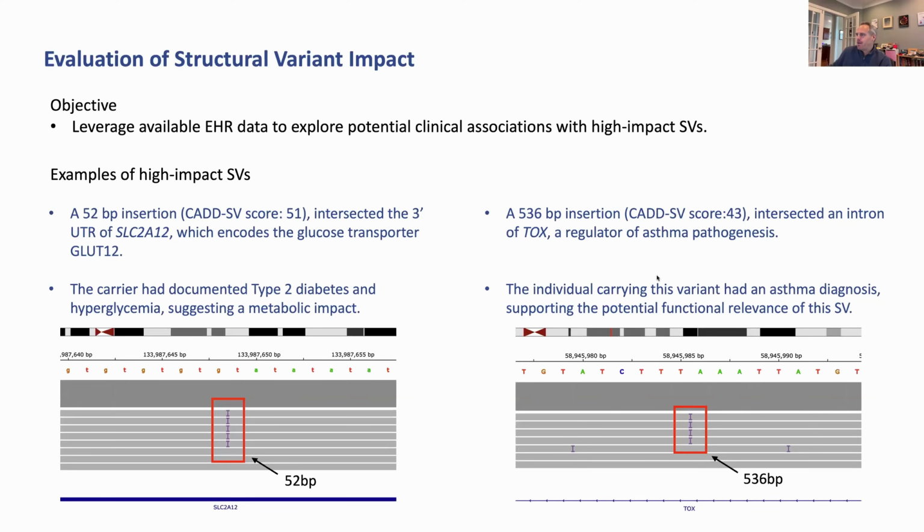Here's another example of a 536 base pair insertion with a very strong CADD-SV score. Again, we were guided to it through the SV calling and by CADD-SV. Then we noticed it was in a gene that is a known regulator of asthma. And what do you know? The individual having it did have asthma. We call this a little bit of phenotype gazing. It is not necessarily conclusive, and of course we'd want follow-up studies.